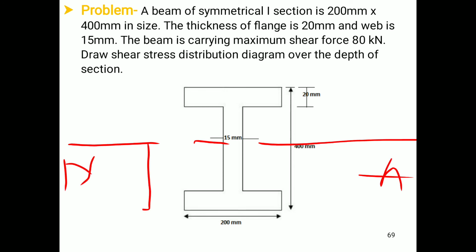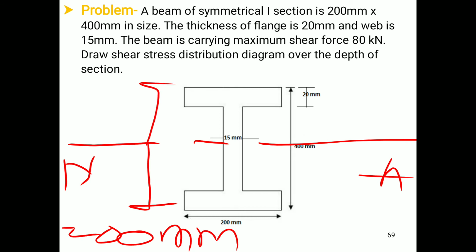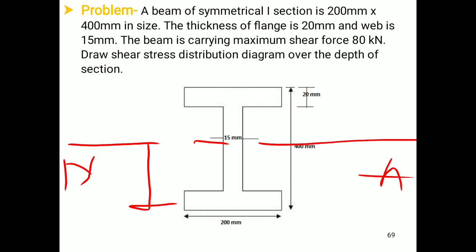This neutral axis is at a depth of 200 mm, and the remaining part is again 200 mm. The section is divided into two parts, the top with a depth of 200 mm and the bottom one also 200 mm.